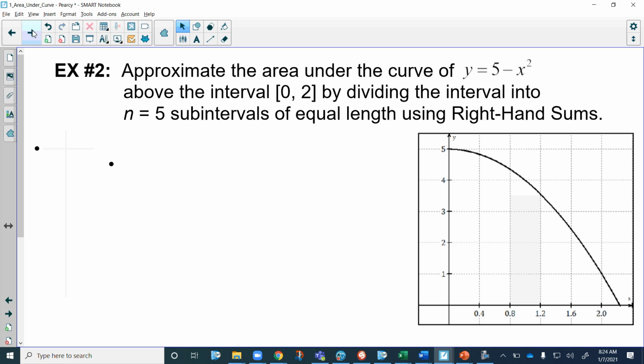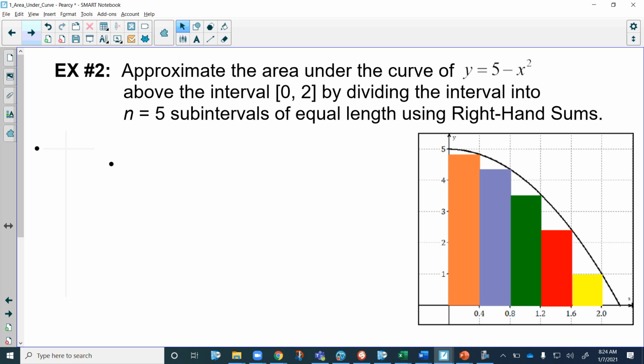Presuming that you've done that, this is what my right-hand Riemann sums look like. Remember, only the uppermost right corner of each rectangle will come in contact with the curve. Here, they're identifying the interval that we're looking at from 0 to 2, and telling us again that we're using 5 subintervals.